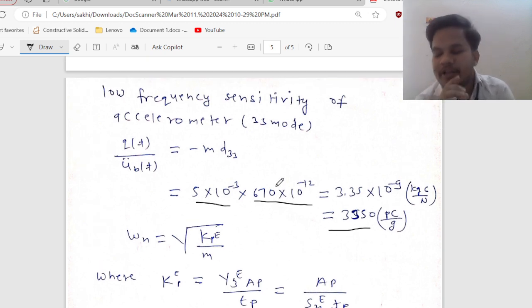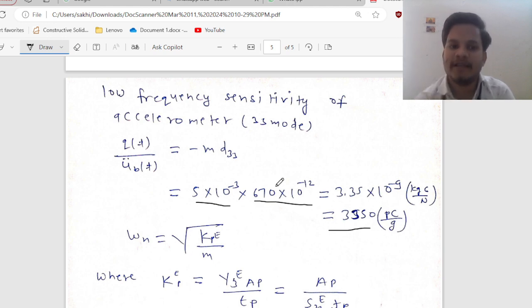So when you hear this term sensitivity, sensitivity means how much change there is in the related variables, right? Here the acceleration is very important: the input is acceleration and the output is charge.